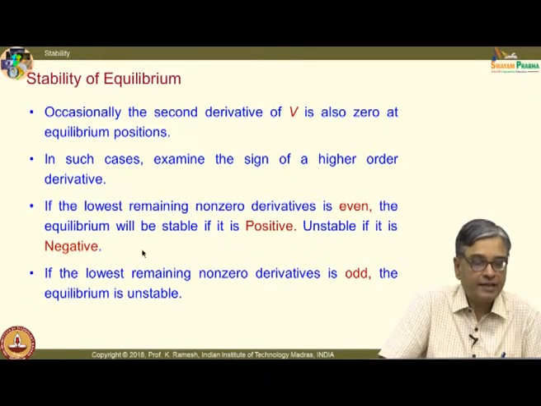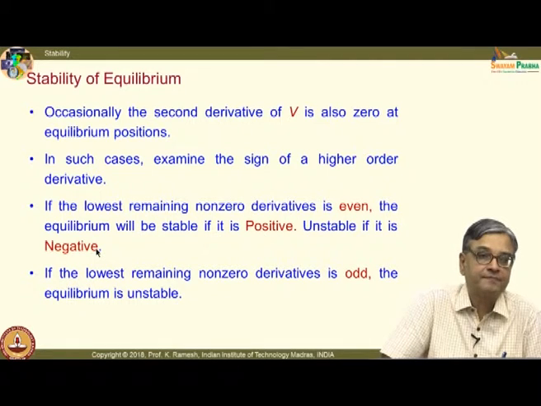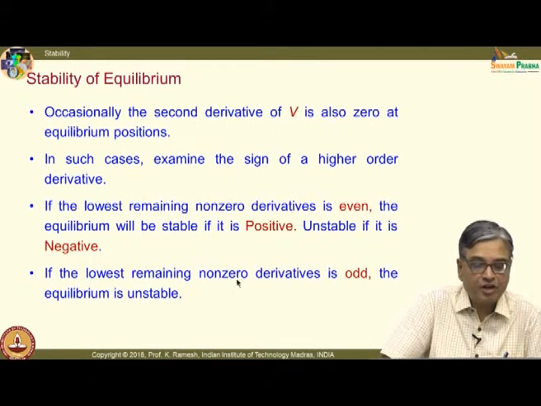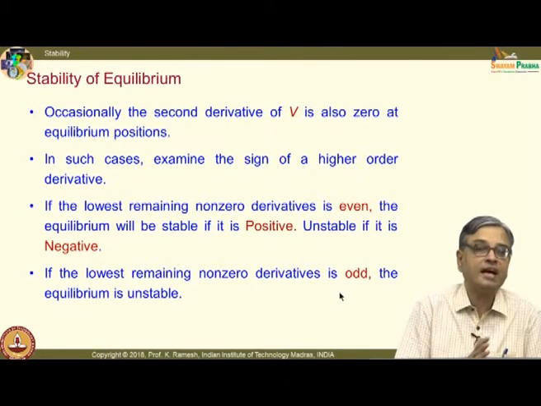If the lowest remaining non-zero derivative is even, the equilibrium will be stable if it is positive, unstable if it is negative. On the other hand, if the lowest remaining non-zero derivative is odd, the equilibrium is unstable.